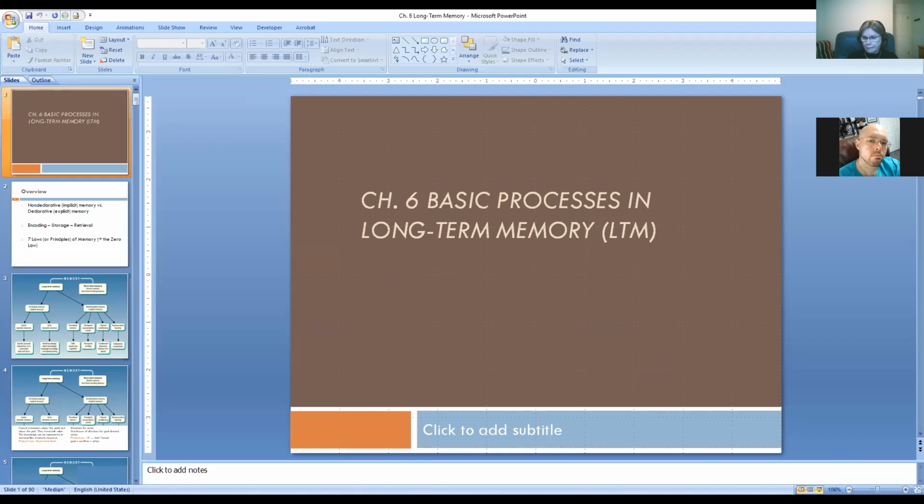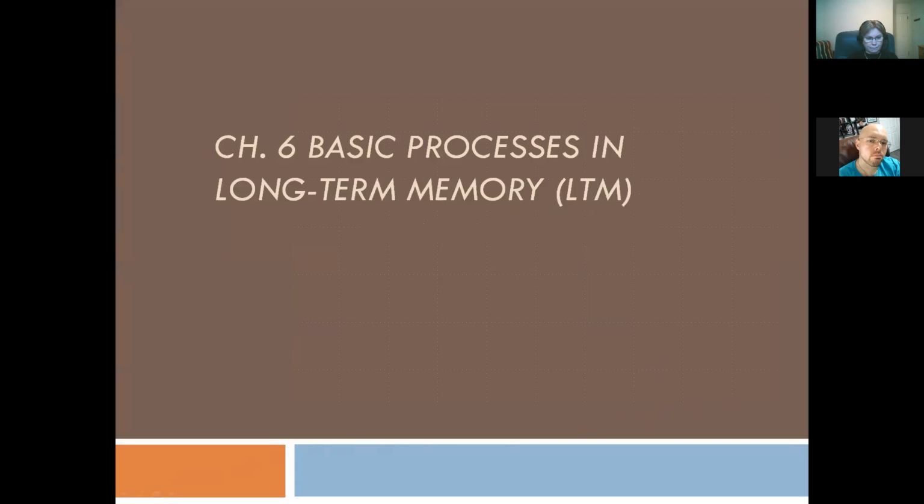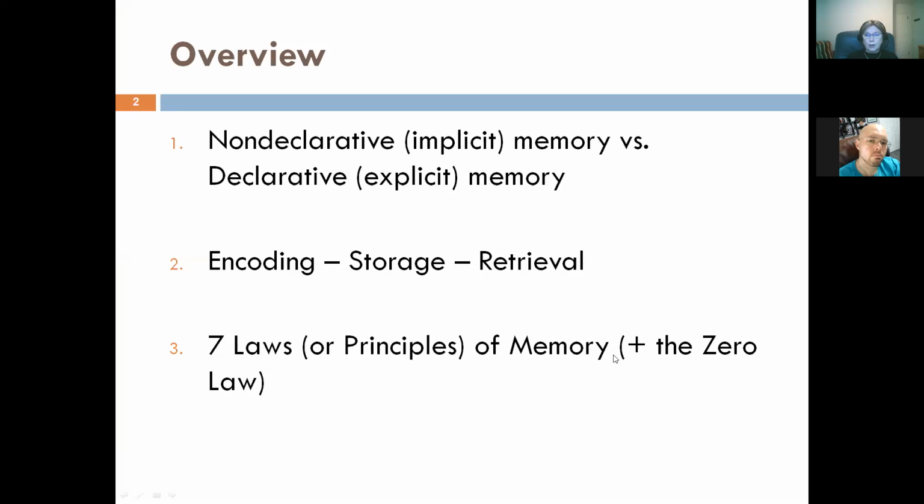Okay, so let's talk a little bit about long-term memory and the continuation of the information processing approach to memory, which means we're going to be talking about different memory stores connected with arrows, right? And in particular, we will talk about implicit versus explicit memory.